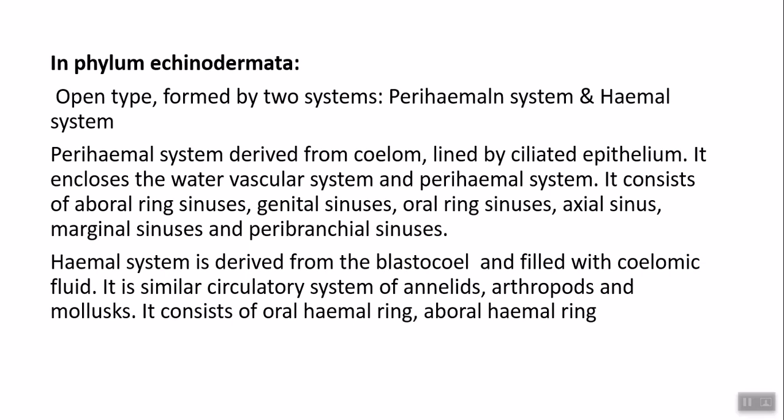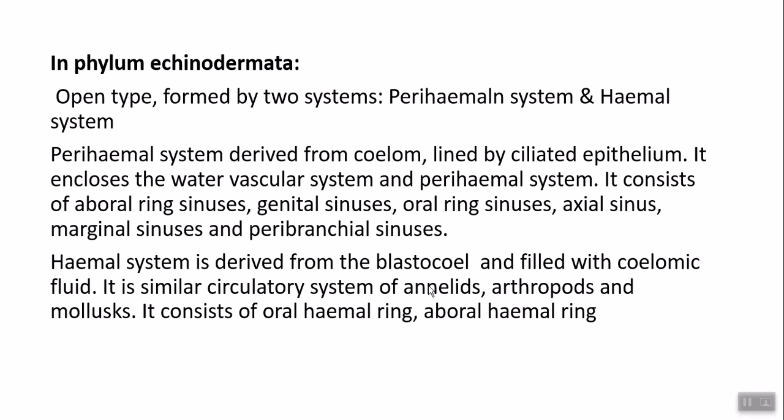Along with that there is also the perihemal system, which allows the blood to circulate around the body and arms, and go to the genitals, the oral or mouth regions, the axial regions, and also the marginal regions. This kind of blood circulatory system is called the perihemal system. It is very closely associated with the water vascular system.